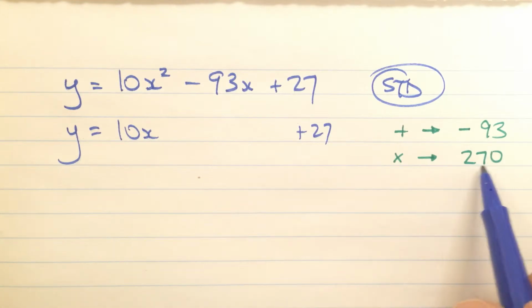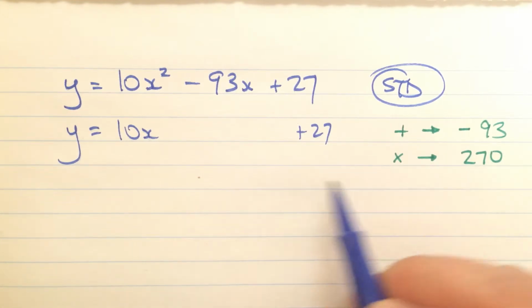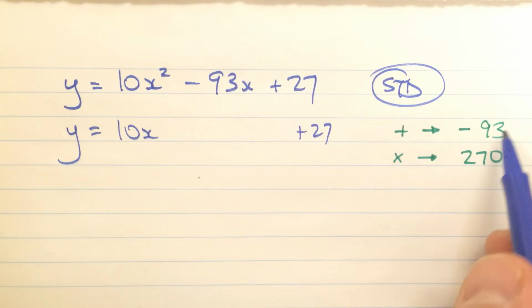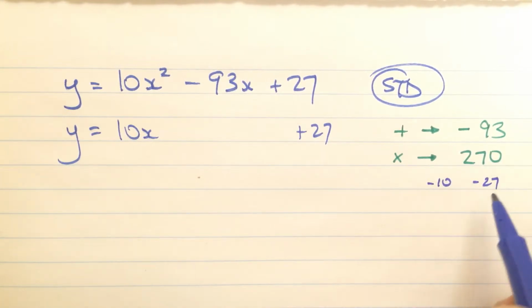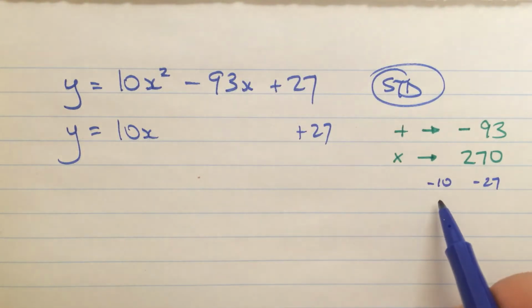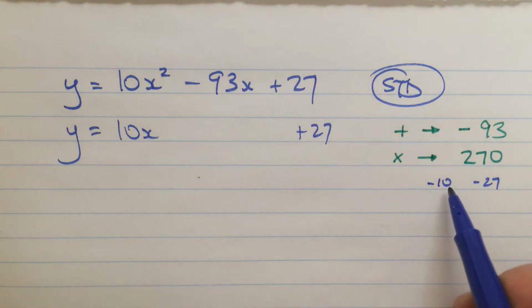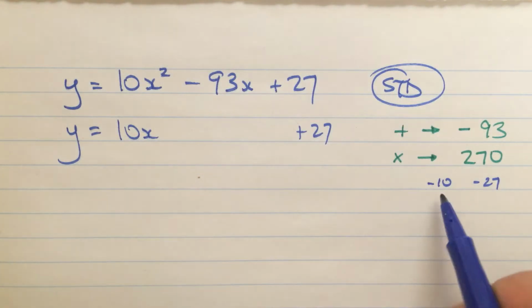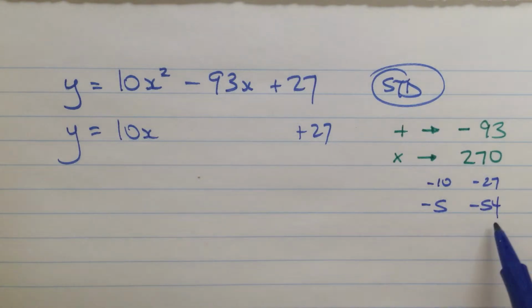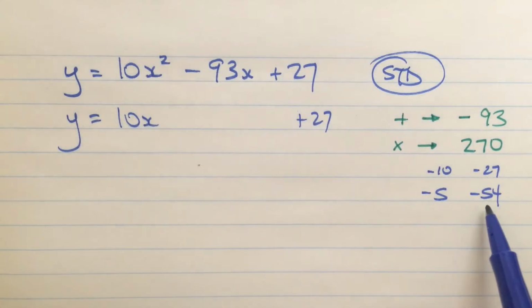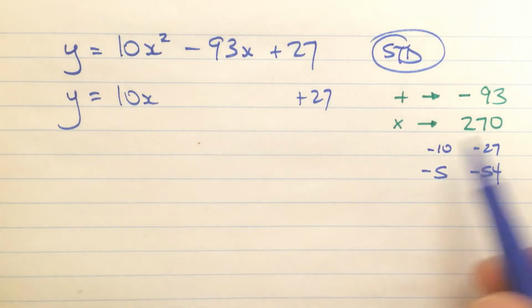So let's try some things. 270 I know is 10 times 27. Because I want two negative numbers, I'm going to try negative 10 and negative 27. Those add up to negative 37, so that's not very good. Maybe I'll try doubling this one and halving this one. So negative 5 and negative 54. No, that's negative 59. And you could try a whole bunch of other ones.